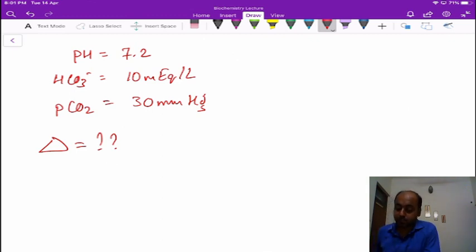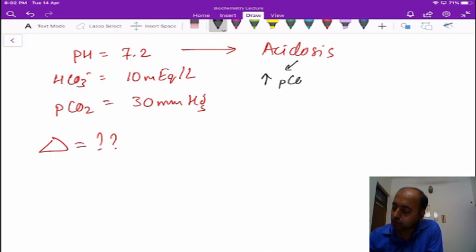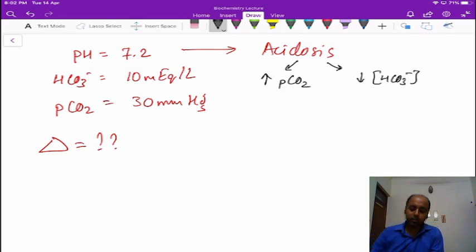Partially compensated metabolic acidosis. This means acidosis is there. If you see how we solve it, then the picture will become more clear. For acidosis, there are two possibilities: either there is an increase in PCO2, or there is a decrease in bicarbonate concentration.